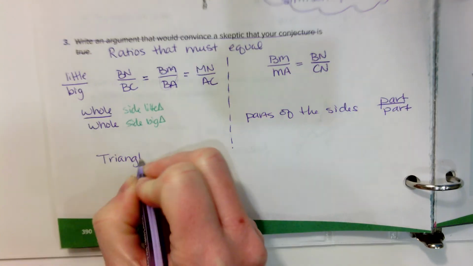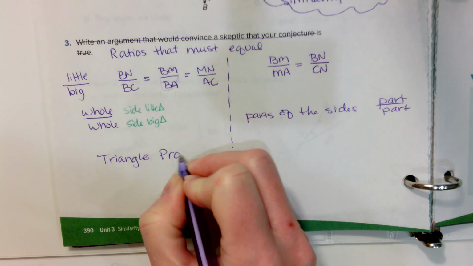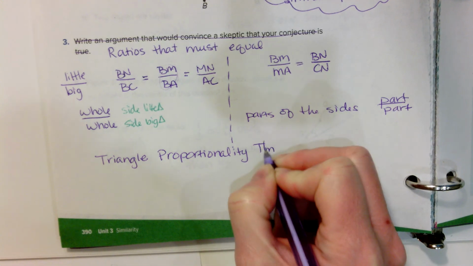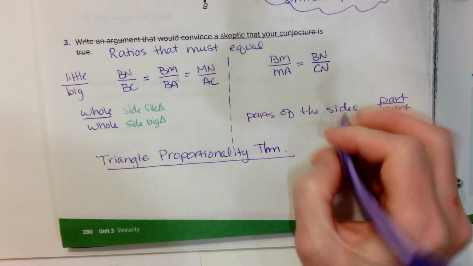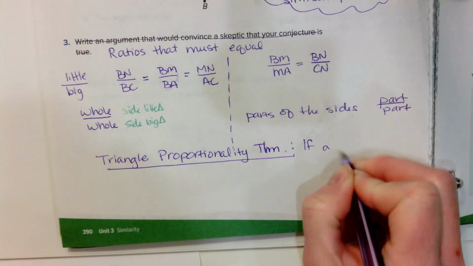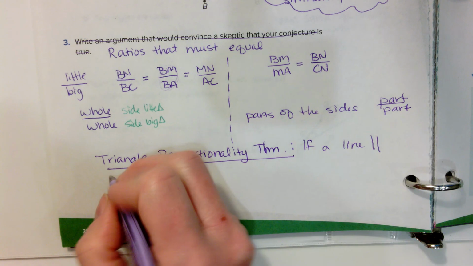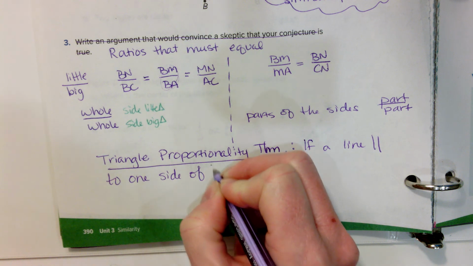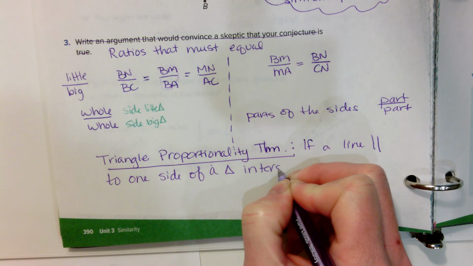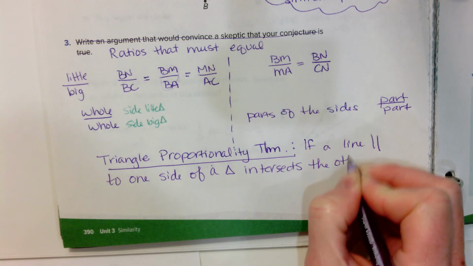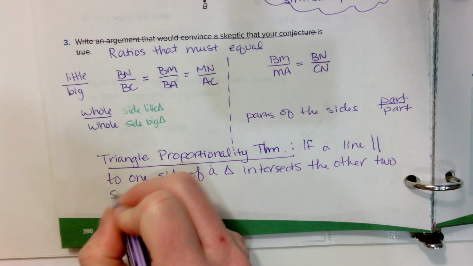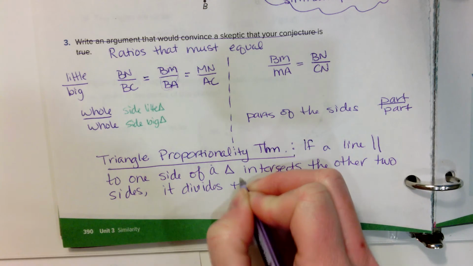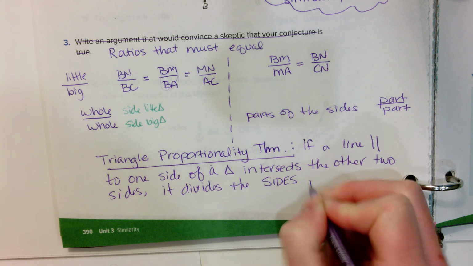The triangle proportionality theorem states that if a line parallel to one side of a triangle intersects the other two sides, it divides the sides proportionally.